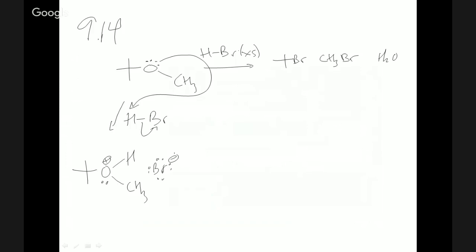Now, this is actually an interesting question as to the order of events here, because you're going to form a bromine-carbon bond in both cases. I would argue that the bromine is a weak nucleophile, weak but effective, and so if you have a chance to form a carbocation, then go ahead and form it.